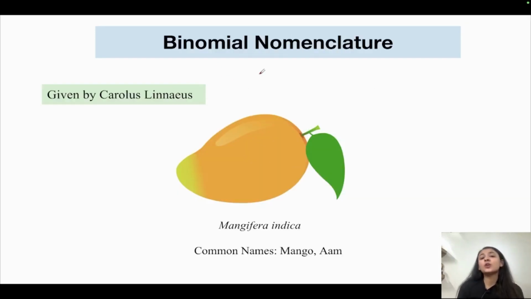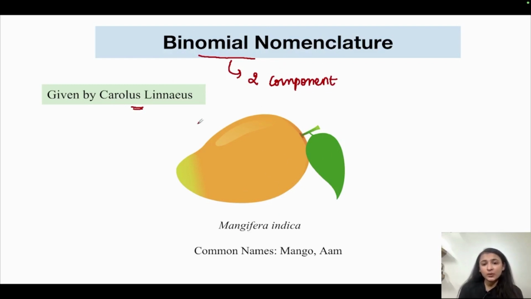Now, binomial nomenclature, what is it? Binomial means two, so two-component naming is also known as binomial nomenclature. This system of nomenclature was given by Carolus Linnaeus. In binomial nomenclature, each name has two components.